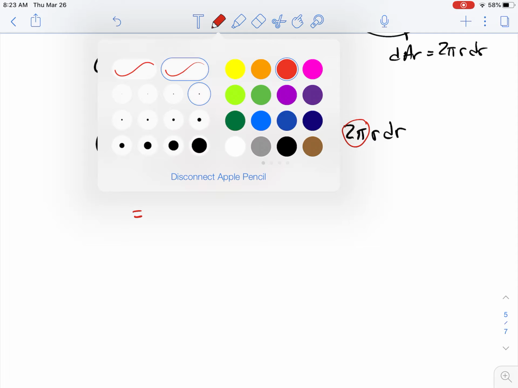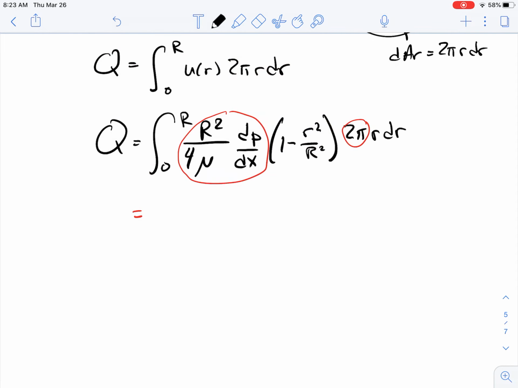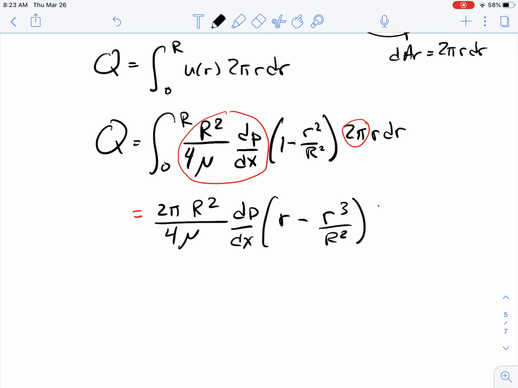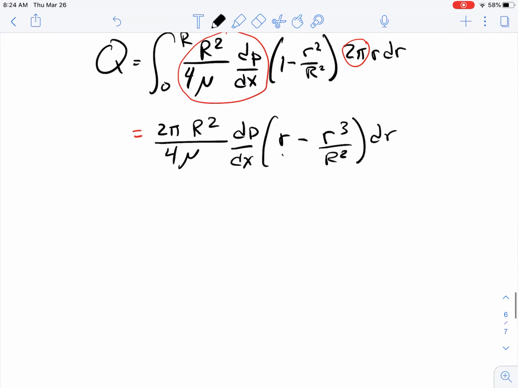So we can write this out in front. We'll have 2 pi times R squared over 4 mu, multiplied by dp dx, and then we'll be left with r minus r cubed over big R squared dr. So we have 2 pi big R squared over 4 mu times dp dx, and we can integrate that pretty quickly, so that the 2 becomes, divide 4 by 2.